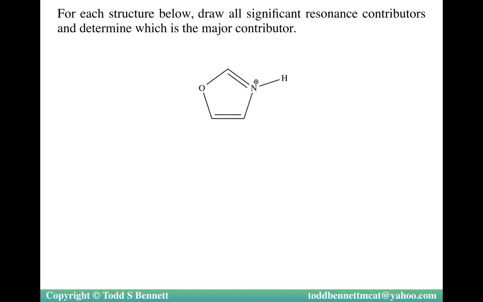Draw all significant resonance contributors and determine the major contributor. So again, we're always going to consider lone pairs becoming pi bonds and pi bonds becoming lone pairs. So I need to draw in the lone pairs on oxygen and figure out what they can do. So I can bring a bond to this positive charge. That'd be a good thing to do.